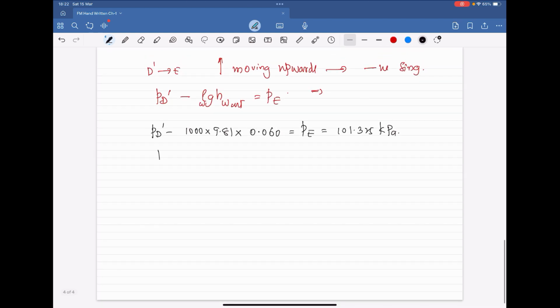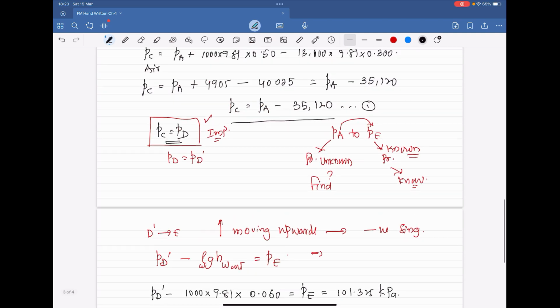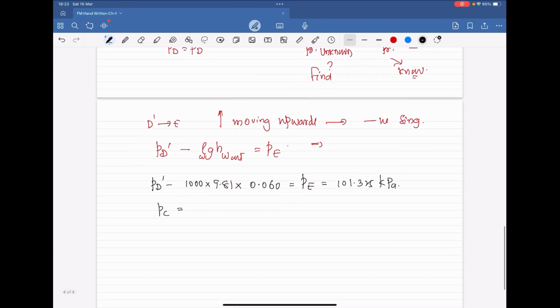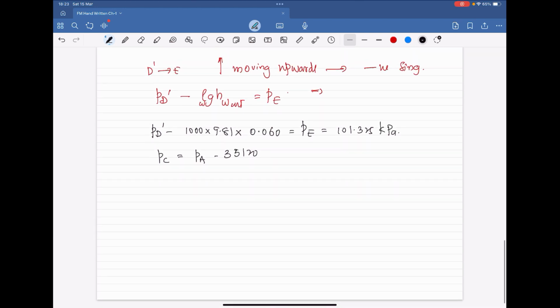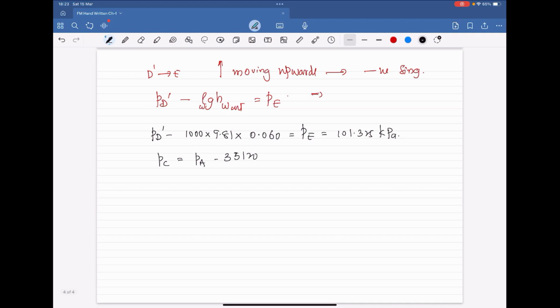From equation number 1, PC is equal to PA minus 35,120. Everything in SI units, Pascal. We are not changing the units anywhere. Whereas PC is equal to PD is equal to PD dash. By replacing this in the PD dash formula, this is formula number 2.